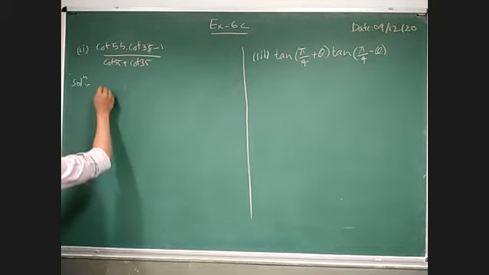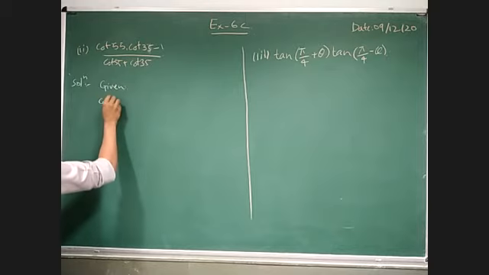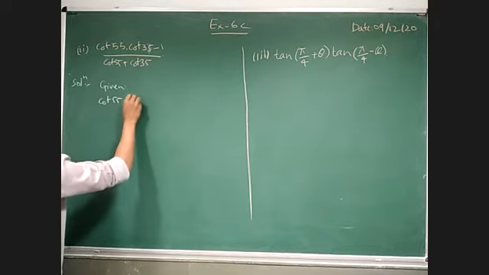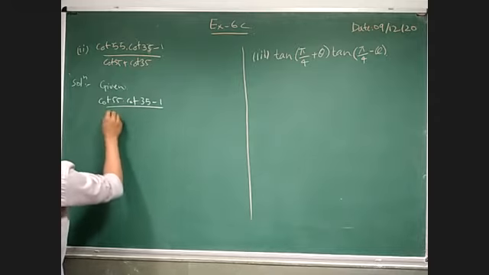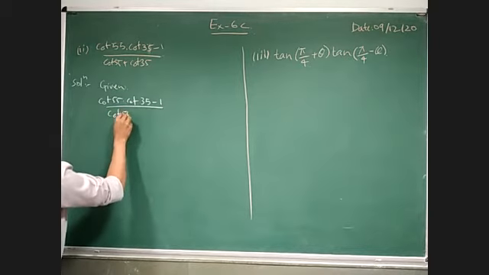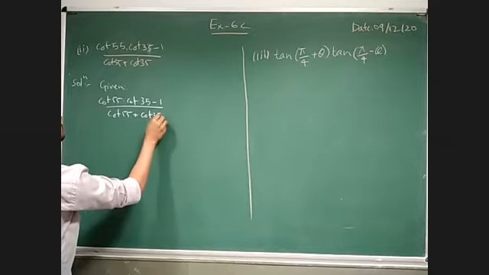So here, given (cot 55 into cot 35 minus 1) upon (cot 55 plus cot 35).